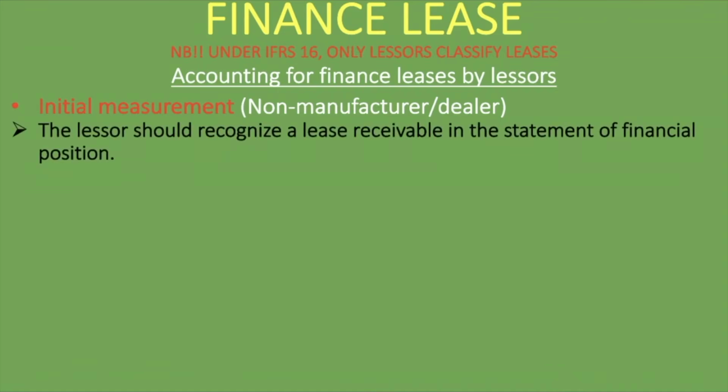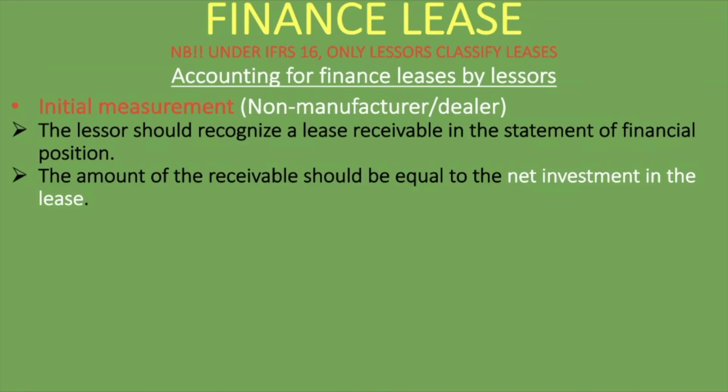Well, the lessor should recognize a lease receivable in the statement of financial position. Remember, once the lessor has leased out the asset, and this is a finance lease, then it has to recognize what is called a lease receivable, because this is how much money it's going to expect to receive from the lessee. The amount of the receivable should be equal to the net investment in the lease.